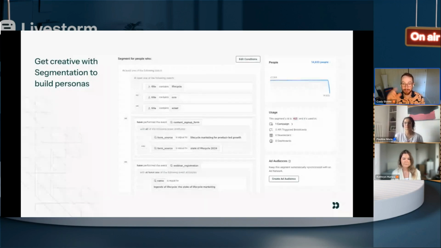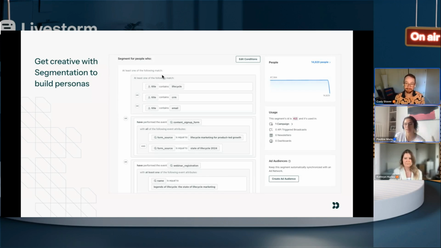The top part of the segment in Customer.io asks: does their title contain lifecycle, CRM, or email? At the bottom, we also consider them a lifecycle marketer if they have gone to one of our lifecycle marketing webinars, or downloaded one of our specific lifecycle marketing guides. So we can lump that person in, as we're guessing they're under that same persona.